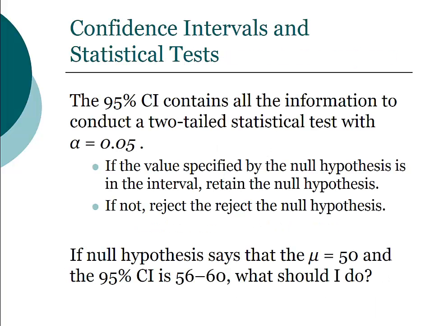It turns out that confidence intervals have a one-to-one relationship with statistical tests. The 95% confidence interval contains all the information that you would need to conduct a two-tailed statistical test when alpha is 0.05. Since that's what we typically do, two-tailed tests with alpha at 0.05, if you know the 95% confidence interval, then you've got pretty much all you would need to do a z-test.